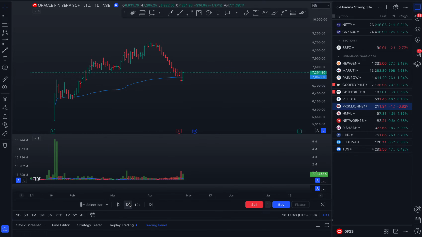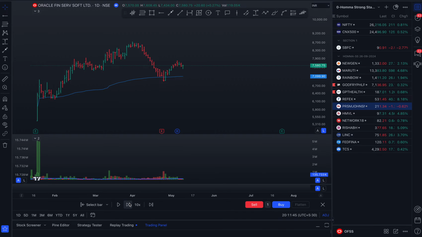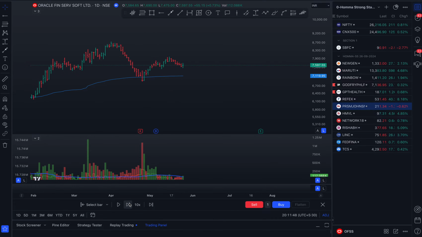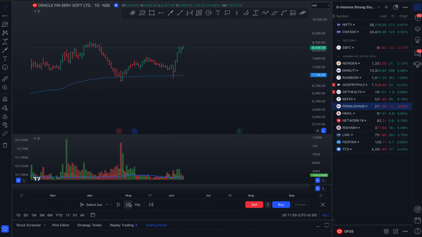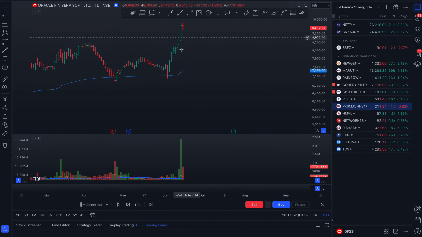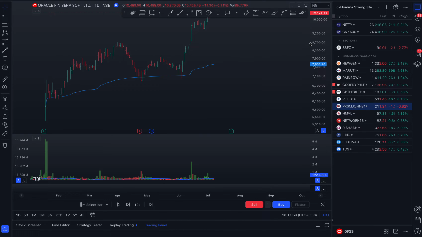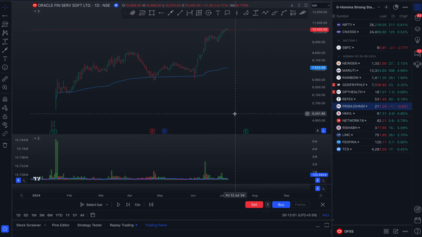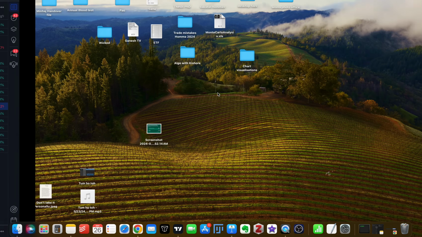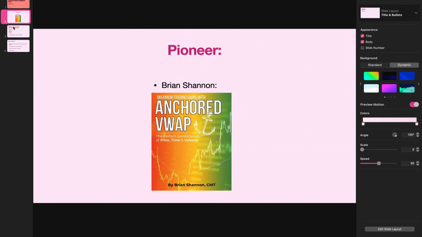So naturally, after dangling a couple of times, it got back up, got supported again, fresh buying came, and then it went up, right? So basically, this is how one needs to read AVWAP. Price above AVWAP means bullish, price below AVWAP means bearish. Okay, all right. So let's go back to the presentation.